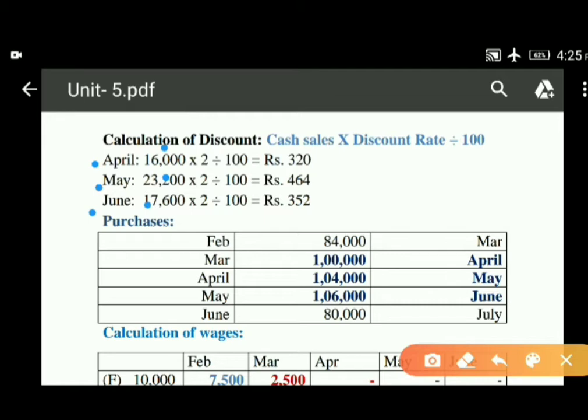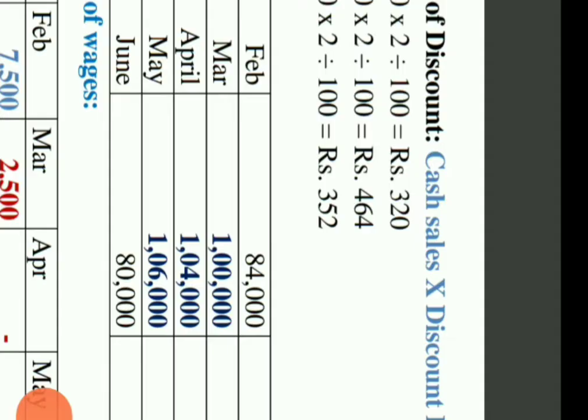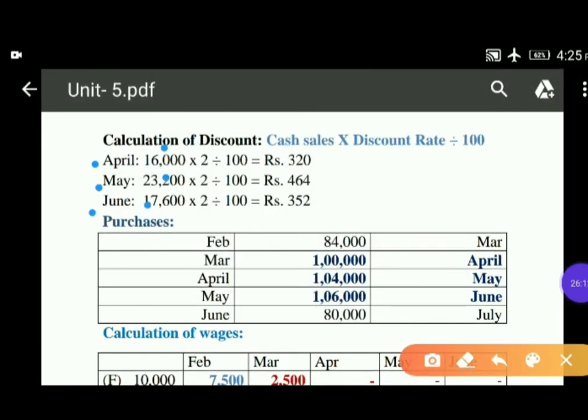Here the discount allowed is 2%. So 16,000 into 2 divided by 100 equals rupees 320.